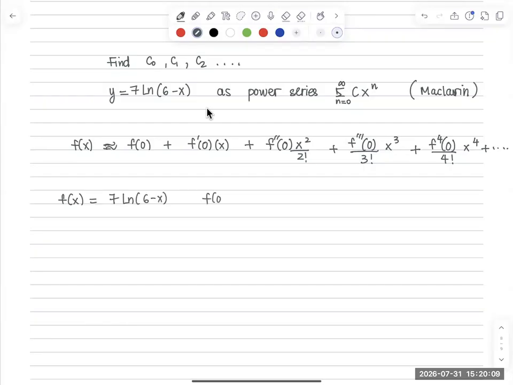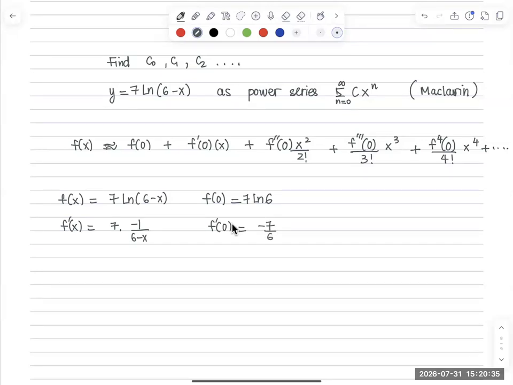So f of 0 will be 7 ln of 6. That's going to be our C0. And then f prime of x, the derivative of ln u is u prime over u, so it's going to be 7 times negative 1 over 6 minus x. So f prime of 0 will be negative 7 over 6.